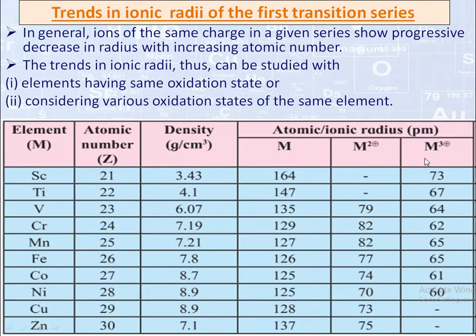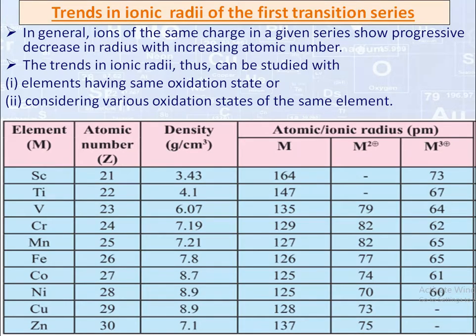Why? Because when the loss of one electron takes place, the effective nuclear charge automatically increases, and hence the formation of a cation takes place. Now when the second electron is removed from the element, the effective nuclear charge increases.